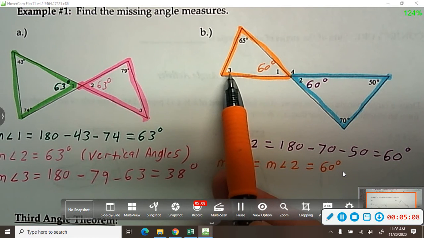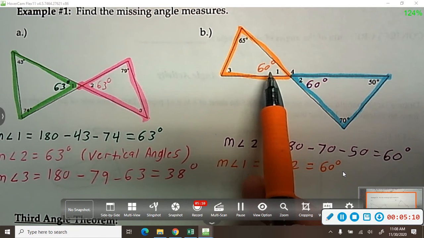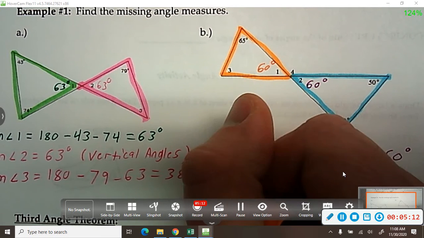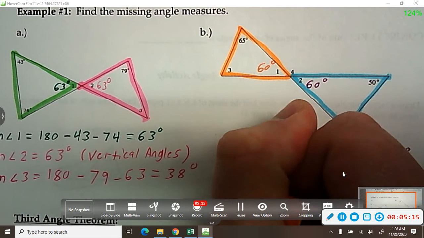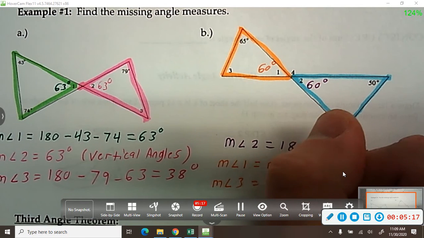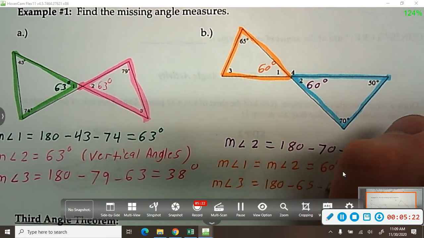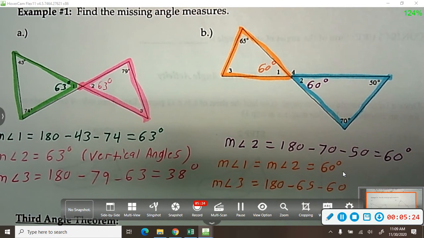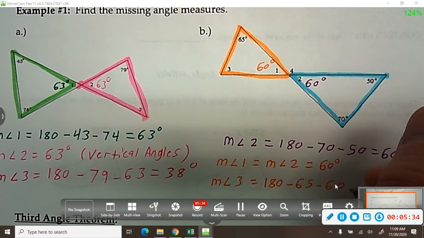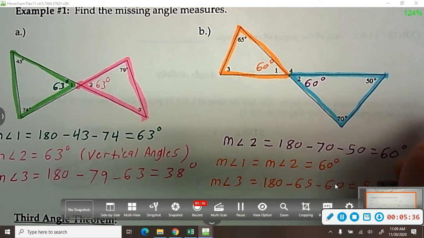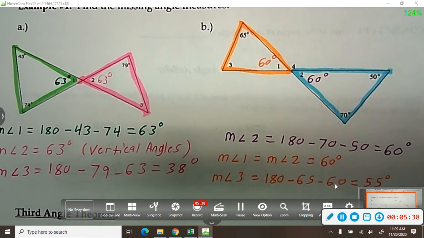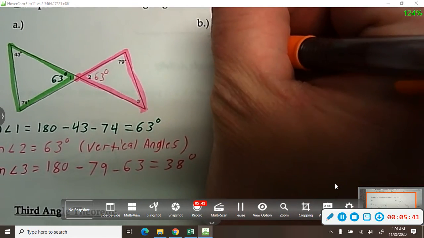The measure of angle 3 would be 180 minus 65 minus 60, which is 55 degrees. So then I would say 3 is 55 degrees.